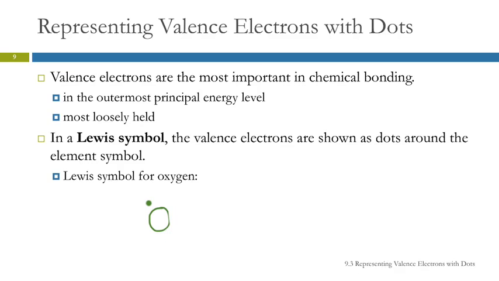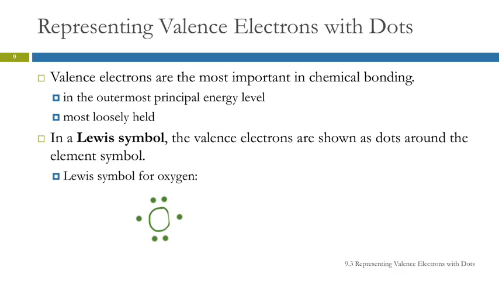So what we do with these dots is we only put them in 4 positions: on the top, on the bottom, on the right, or on the left of the element symbol. So if I have 6, I might put 2 on the top and 2 on the bottom and 1 on the right and 1 on the left. And when they are in positions like that, then it's easy to count them without actually getting your finger out and counting.